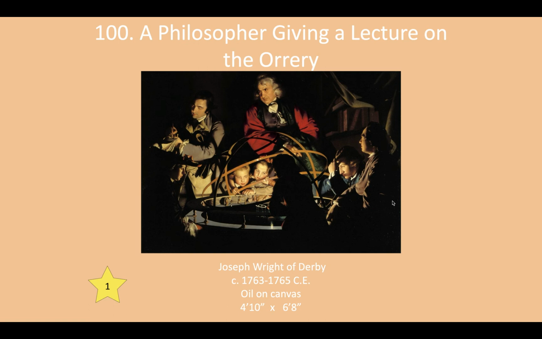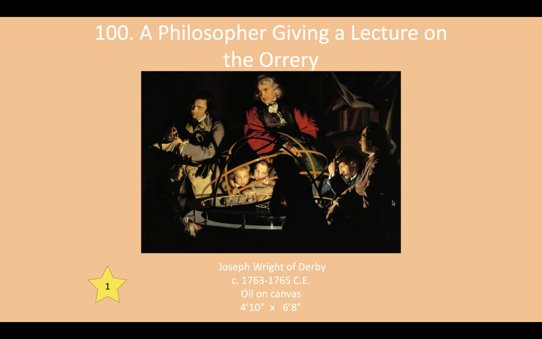This piece by Joseph Wright of Derby is very much about coming into the age of the Enlightenment. We're talking about the idea of imperial observation that is grounded in science. We're talking about the moral of this picture being the pursuit of scientific knowledge. And how can I say all of that?